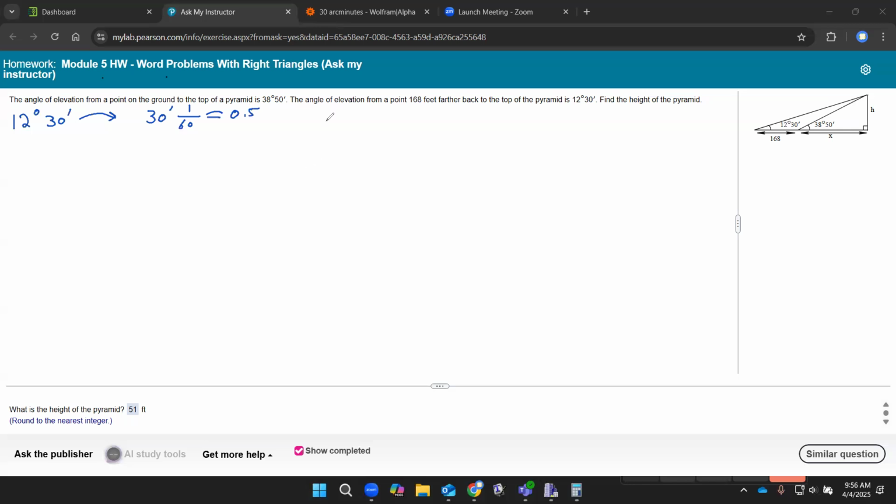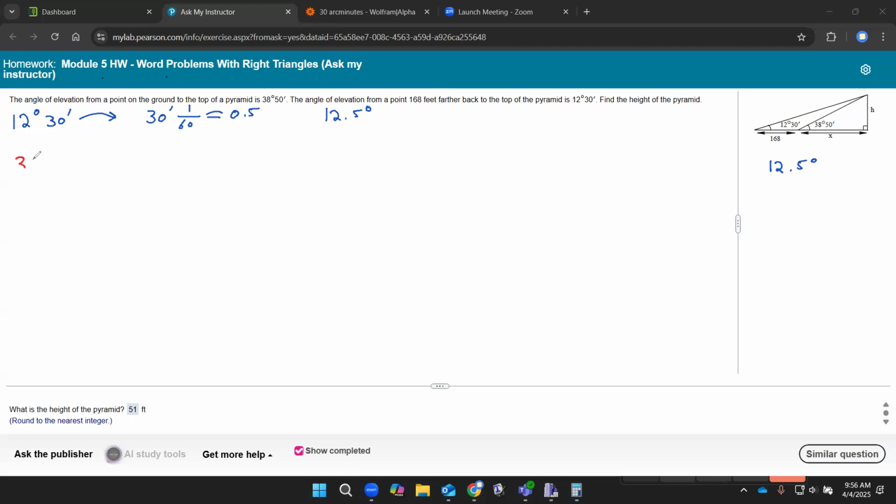So really, this is 12 and a half degrees. We need to keep track of that. We're going to use 12.5 degrees, not 12.3.